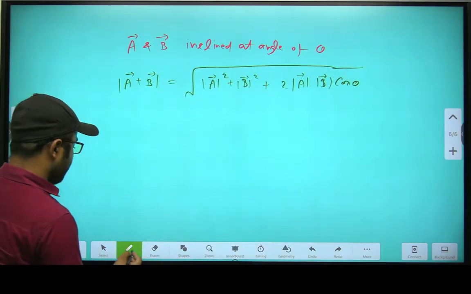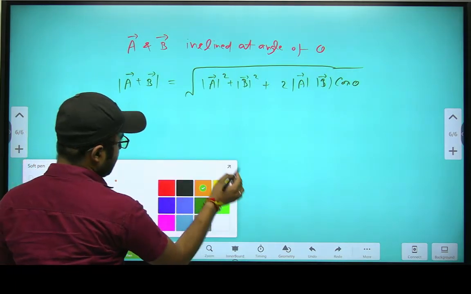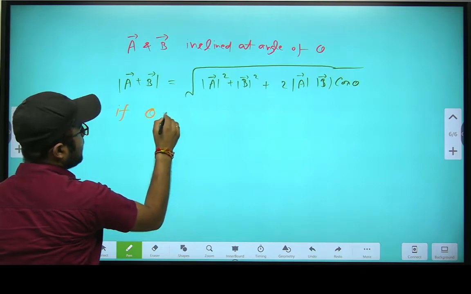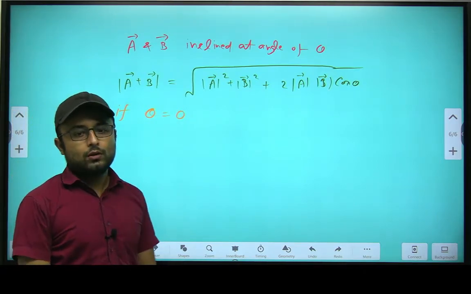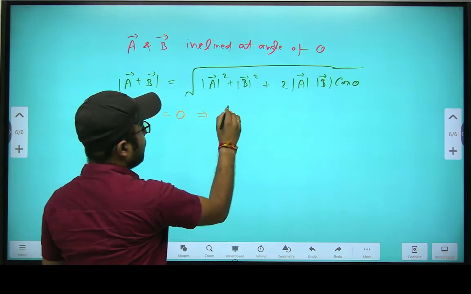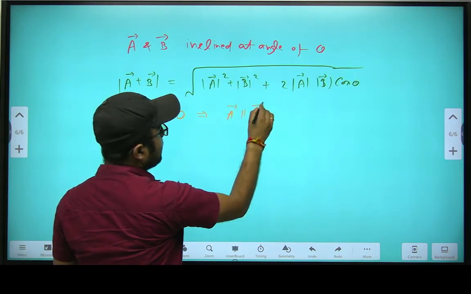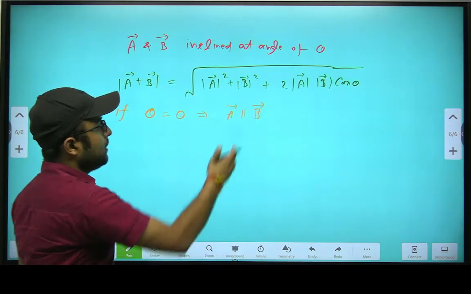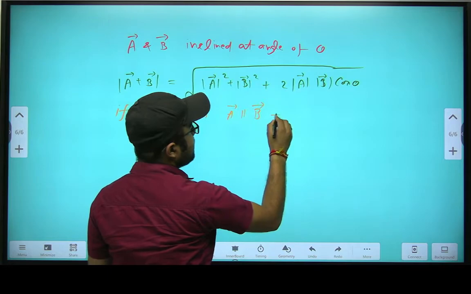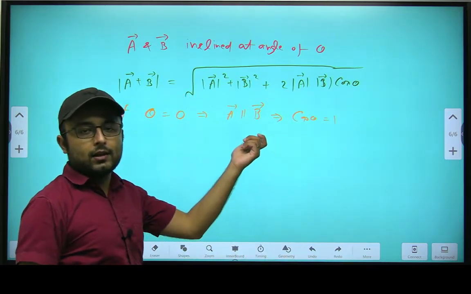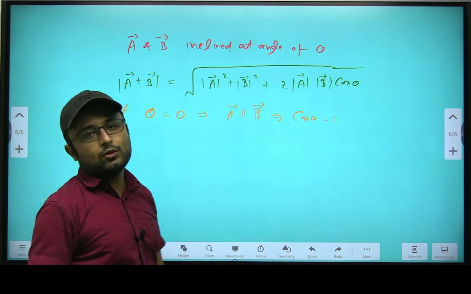Now let us write this for some standard conditions. If theta is equal to 0 degrees, that implies vector A is parallel to vector B, in the same direction. So if theta is equal to 0, cos theta comes out to be 1.